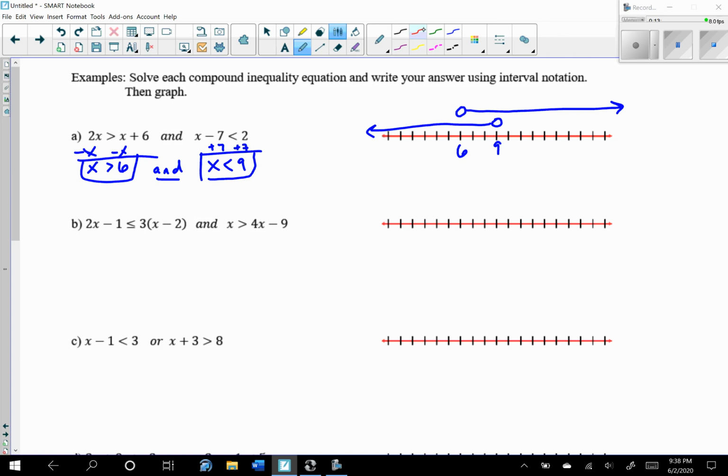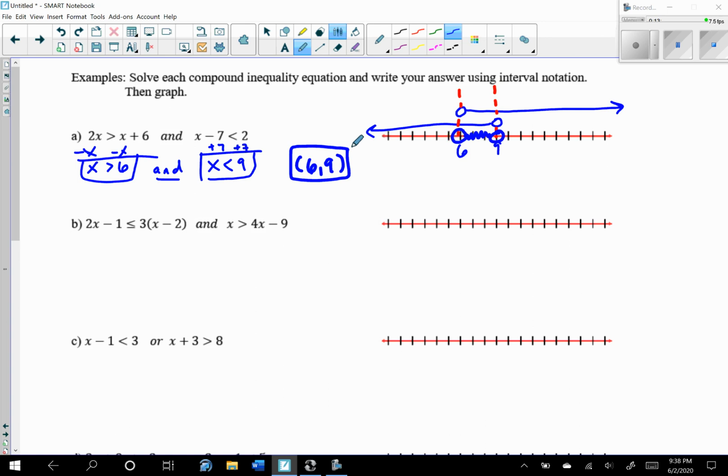You're looking for where the two are going to overlap. So if you look here, they overlap in between these values. So on our number line, this would be an open circle, and we'd shade in between. And so if we want to write this using our interval notation, we would write parentheses 6 comma 9 parentheses.